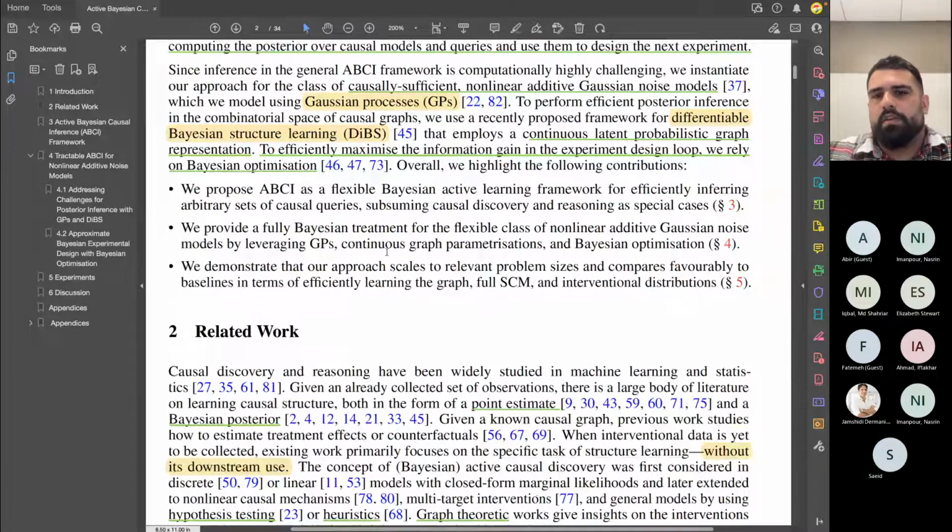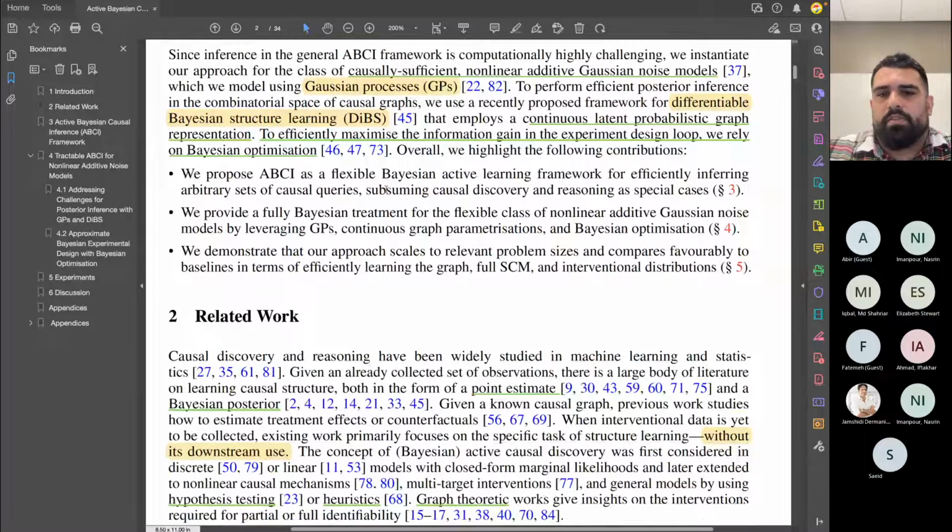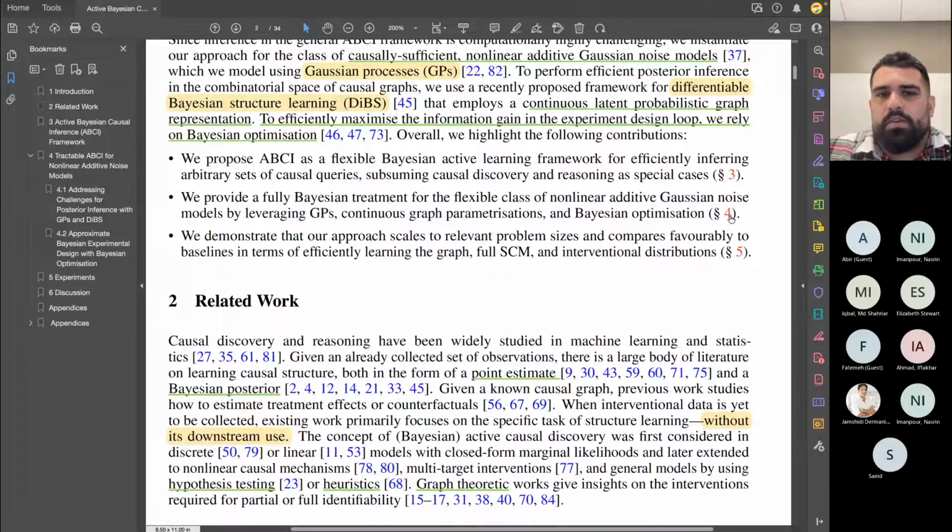In the next three sections, other than the related work, in section 3 they propose ABCI, which is a flexible Bayesian active learning framework. Then in section 4 they talk about Bayesian optimization, and also the Bayesian framework that they use, Gaussian processes and such.